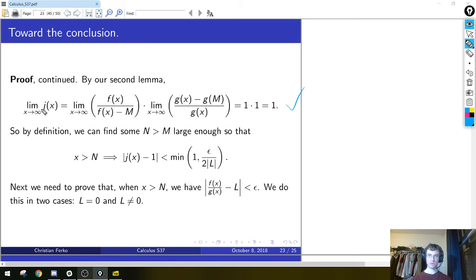We know j goes to 1 at infinity. What does that buy us? Well, now we think back to the definition. What does it mean for a function to tend to a value at infinity? The definition says for any big number, you can find a big value of x, so that whenever x is bigger than that big value, the function is within some distance, maybe epsilon double prime.